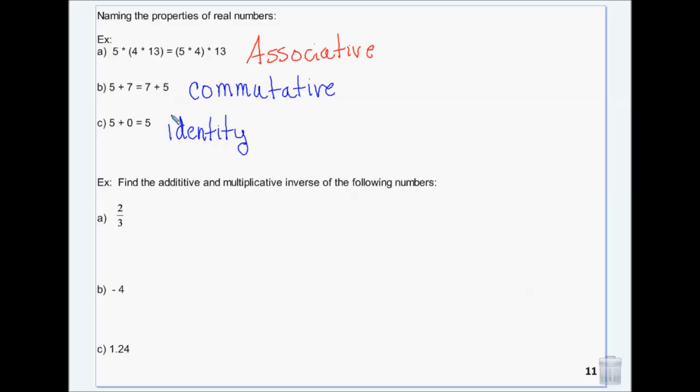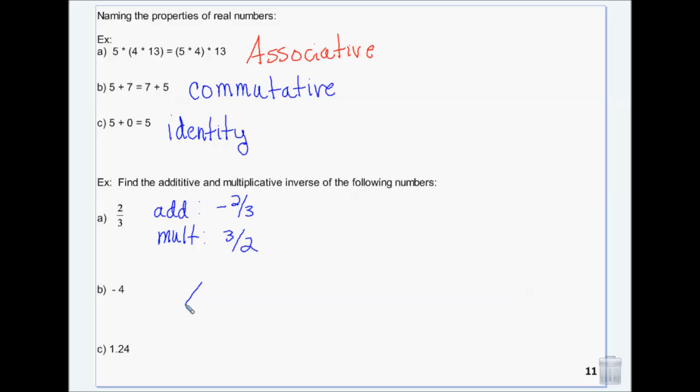Okay. Finding the additive and multiplicative inverses. Okay, additive, opposite. This is positive, so my additive is negative. Multiplicative is reciprocal, so I had 2/3, so I flip it over. 3 halves.